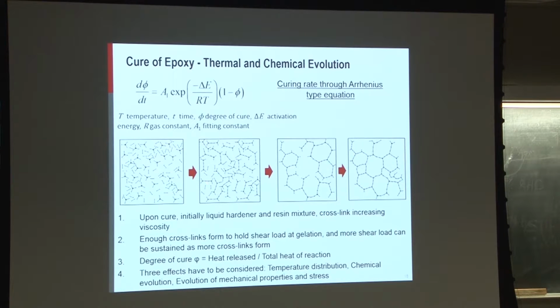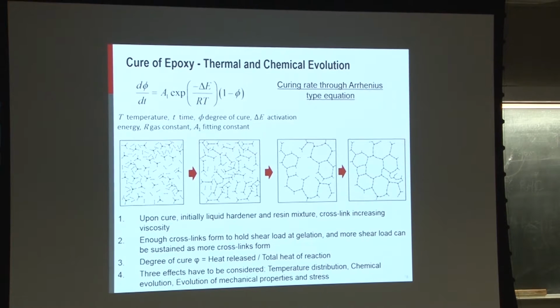That degree of cure is measured during the curing process as the heat released relative to the total heat of reaction. These measurements are made in differential scanning calorimetry, and by fitting those responses, we can get the Arrhenius type equation that gives us the extent of heat generated in our thermal problem.